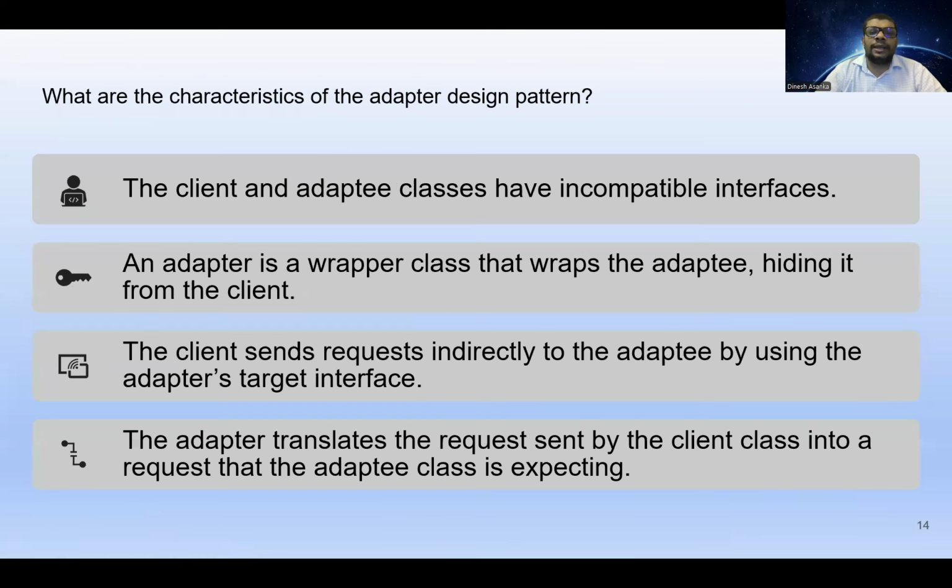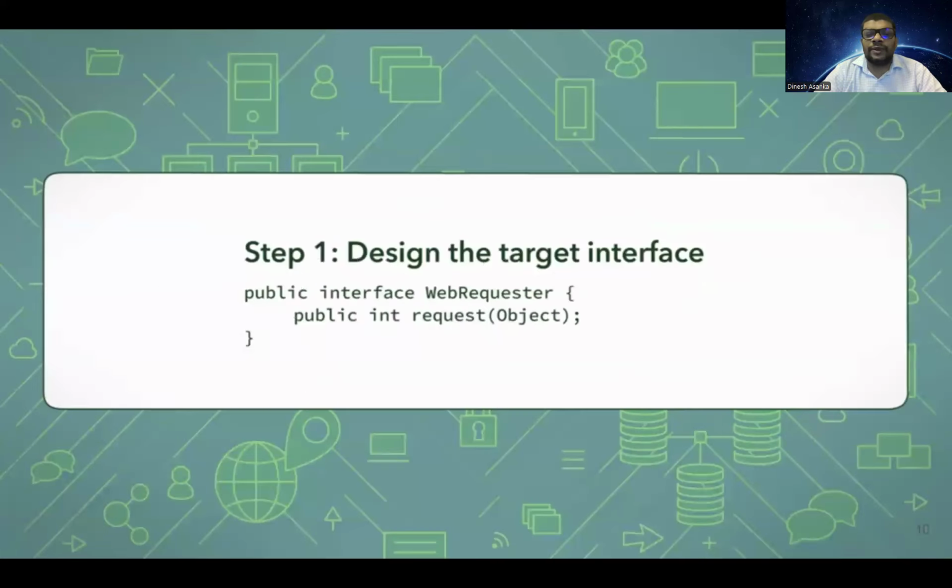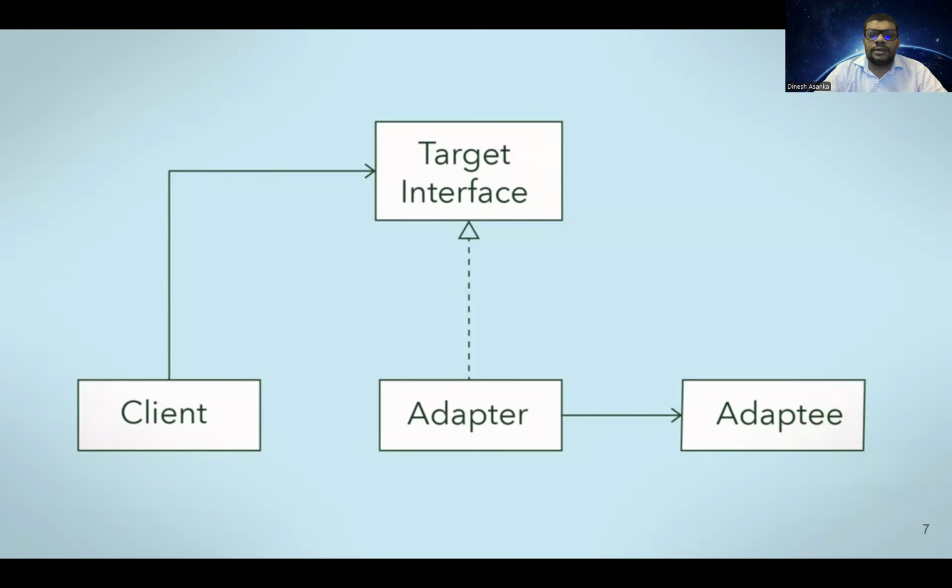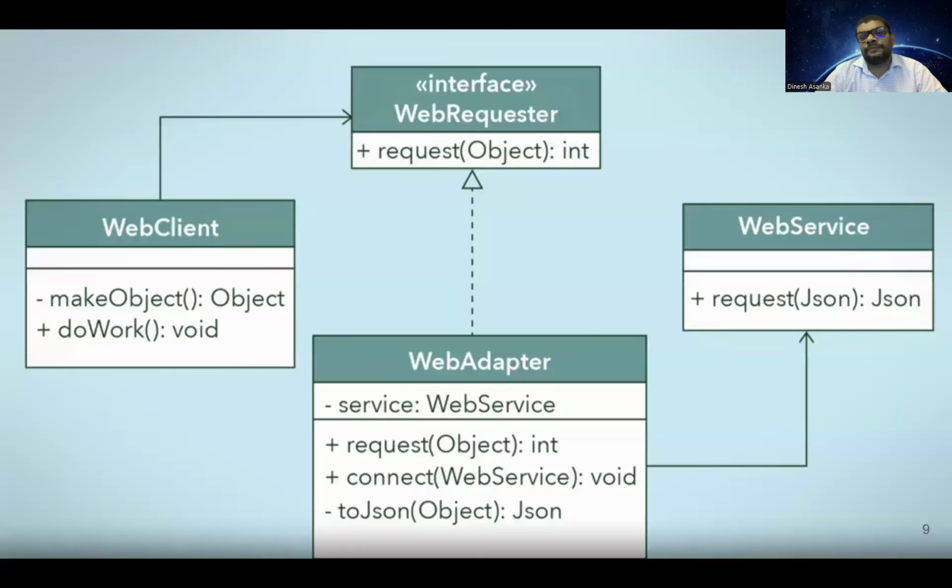Right. So client and adapter classes have incompatible interfaces. The adapter is a wrapper class that wraps the adaptee, hiding it from the client. If I go back, even though the client would like to connect directly to the adaptee, it can't due to the incompatibility. So it connects to the adapter, which wraps the adaptee and hides the implementation.